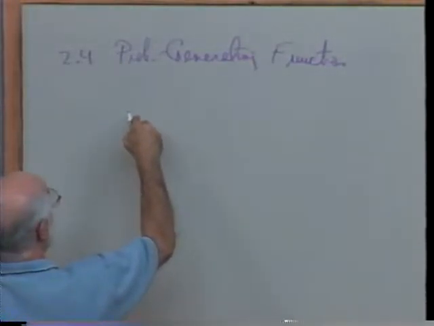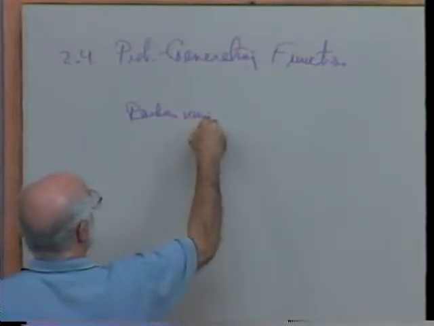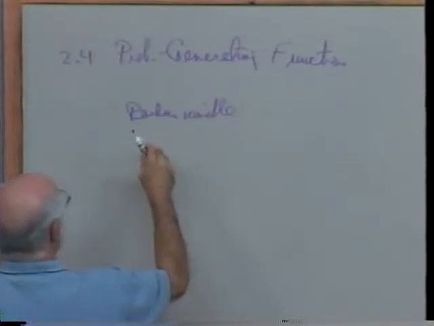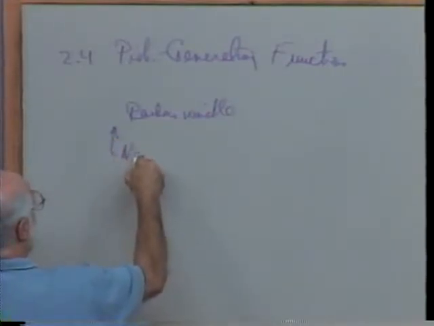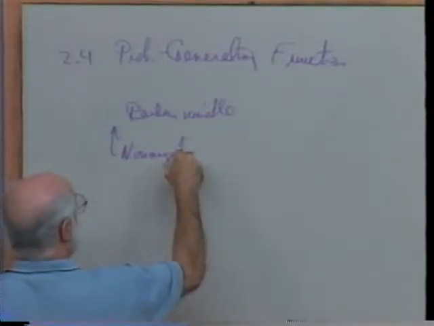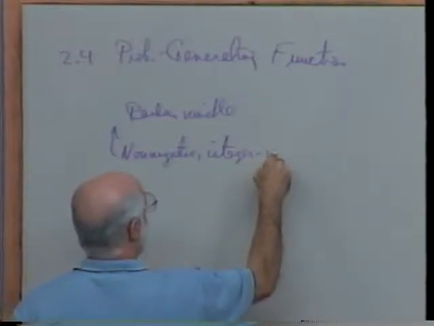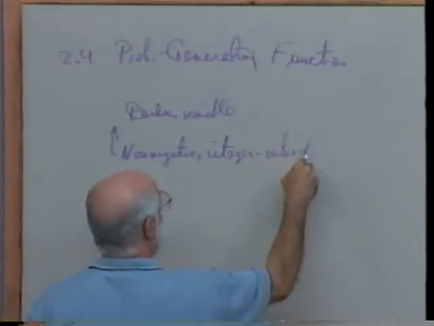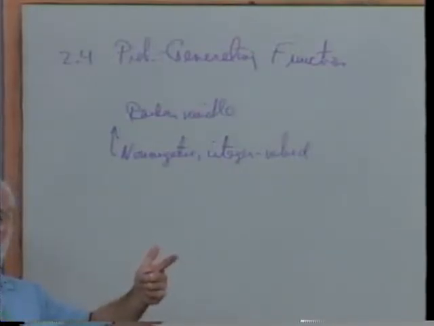Suppose that we have a random variable, and this random variable is non-negative integer valued. What that means is that the random variable takes the values 0, 1, 2, 3, and so forth.